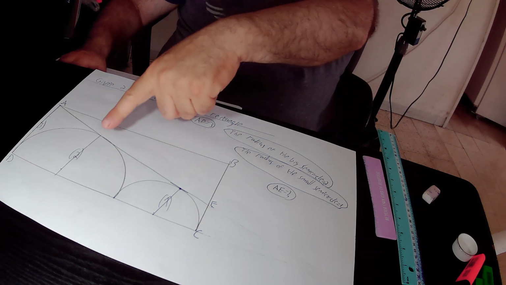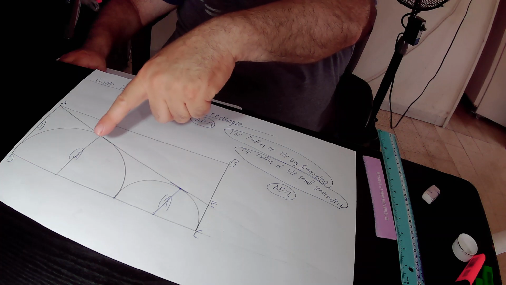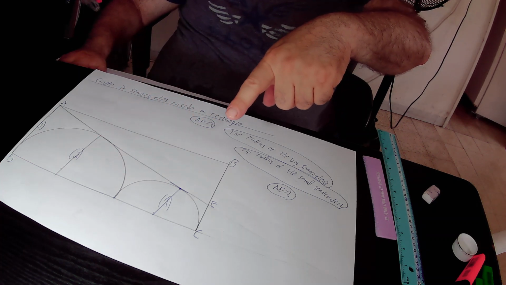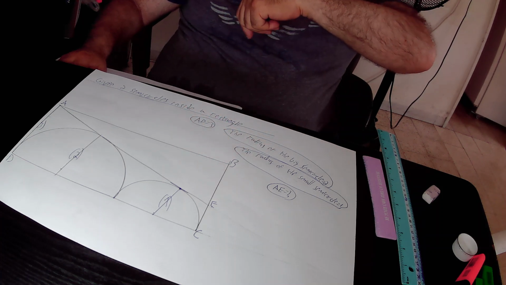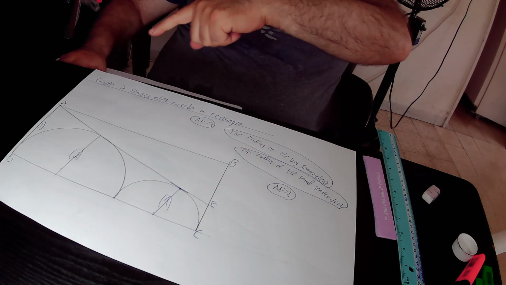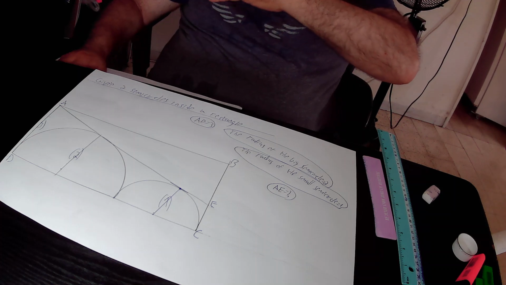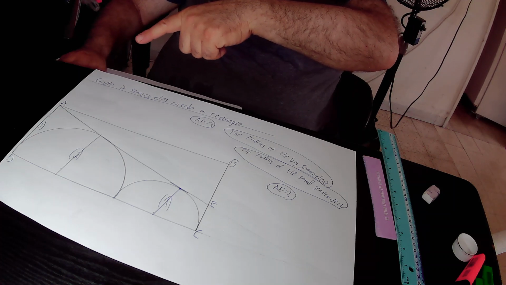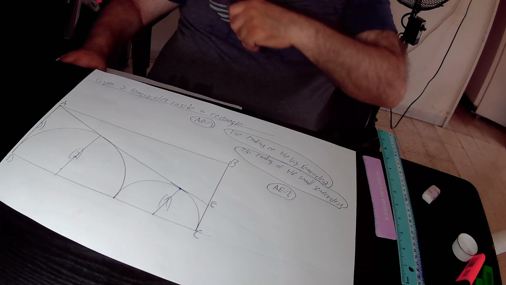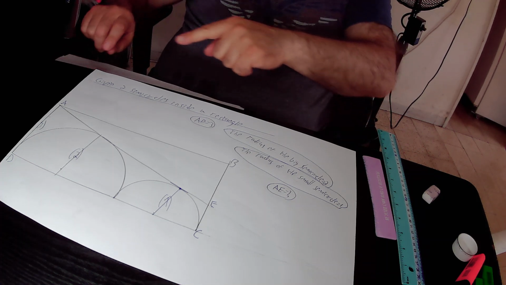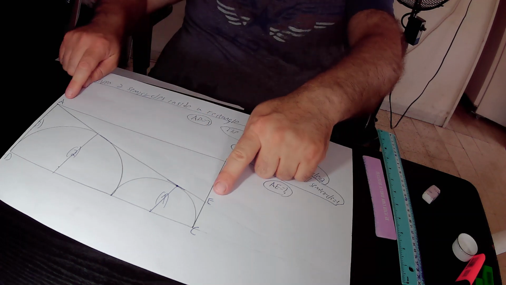The radius of the big semicircle is 2 units. The radius of the small semicircle is 1 unit. In addition, we know that side AD of rectangle ABCD equals 4 units in length. And our mission is to find out the length of this line segment AE.